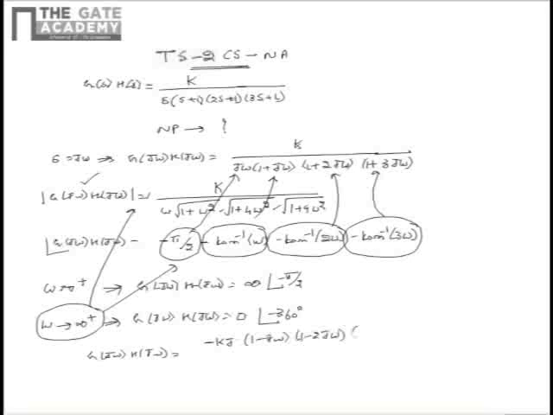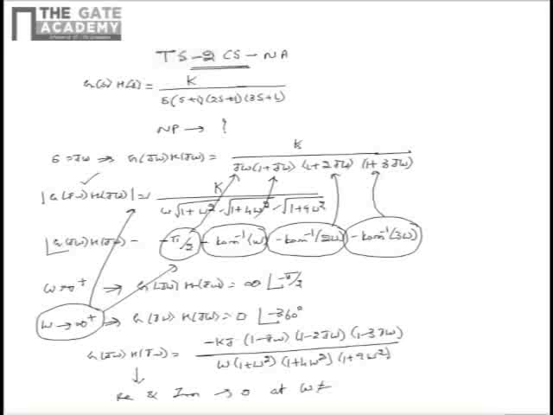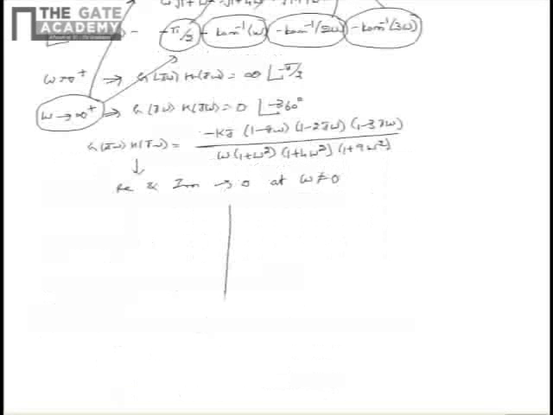From this we can see that the real part and imaginary part do not become 0 at ω not equal to 0. Hence we can say that from ω = 0⁺ to infinity, the Nyquist plot of the control system does not intersect the real axis and imaginary axis.